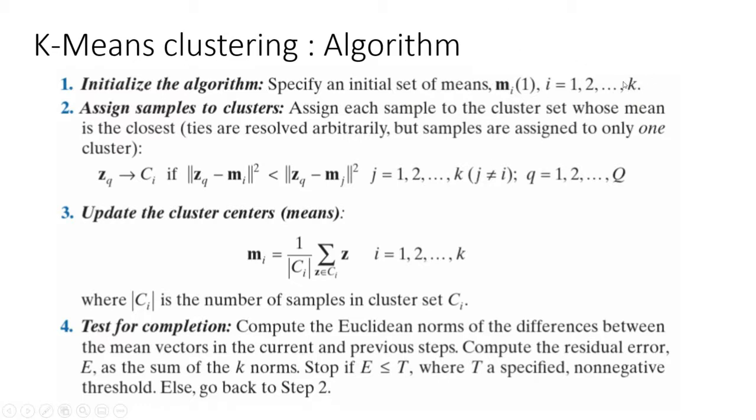So you're given a number of clusters and randomly picked centers for your means values. Then you're going to assign samples to clusters. That's what you've seen in the demonstration. It's basically calculating the distances from every particle to every single cluster center, and assigning each sample to the cluster whose mean is the closest.